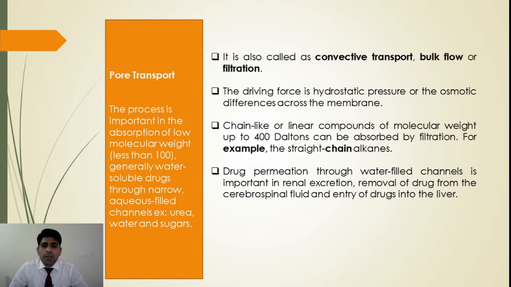There are many exceptions too. Chain-like structures, like linear compounds and alkanes, even with a molecular weight of 400 dalton, can also cross the membrane by this kind of mechanism. So drug permeation through water-filled channels is important in renal excretion, removal of drug from the cerebrospinal fluid, and the entry of drug into the liver also.